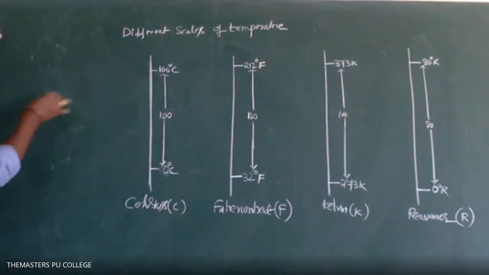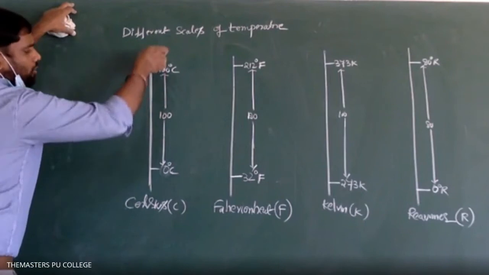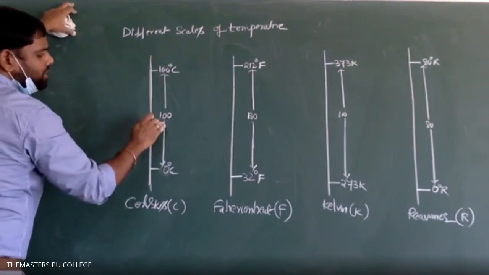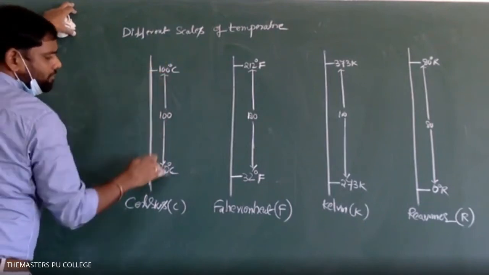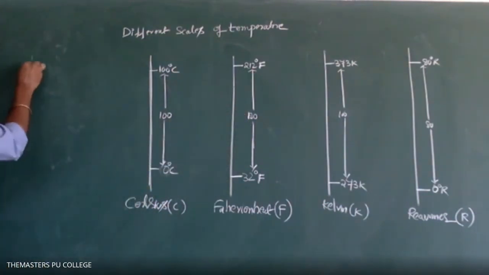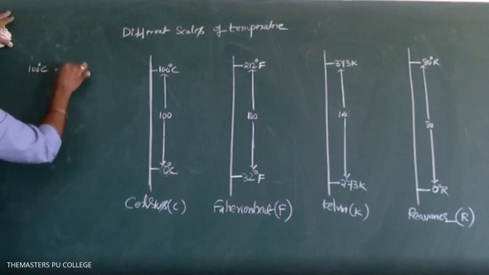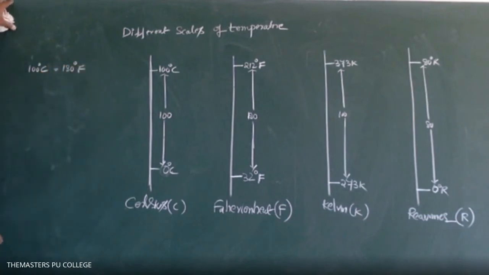Observe clearly. If these are compared, 100 divisions are there between LFP and UFP, and here 180 divisions are there. Hence 100 degrees rise on Celsius scale is equivalent to 180 degrees rise on Fahrenheit scale.